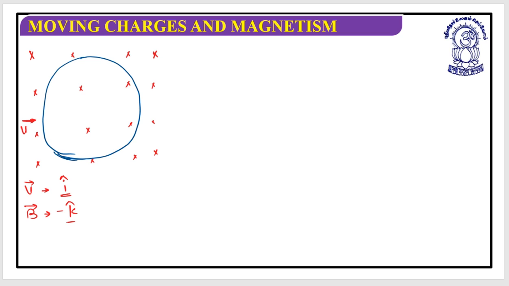The motion of the charged particle will be something like this. Let's suppose this is the center, this is the radius of the circular path, and the charged particle is moving in this. Let's suppose the charge of the charged particle is q. So the magnetic force would be equal to q V B sine 90 degrees, and sine 90 is 1.